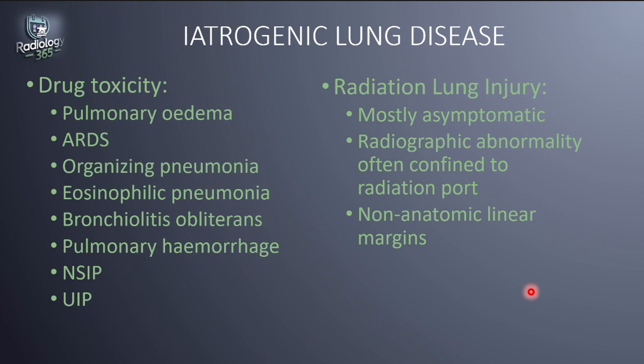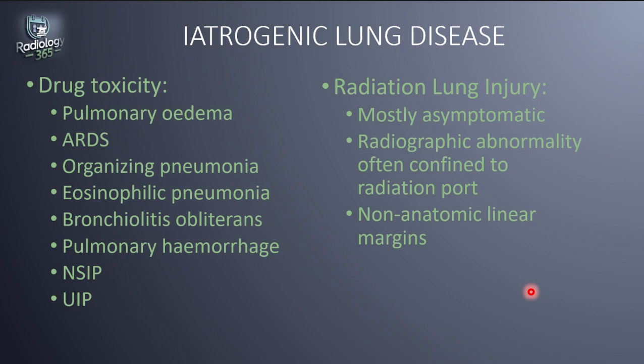Then we are moving on to iatrogenic lung disease, under which we'll talk about drug toxicity and radiation-induced lung injury. So for drug toxicity, we know that the lung has diverse but a finite repertoire of responses to injury. We have looked at a lot of these responses to injury over the past maybe 20 videos. Some of these include pulmonary edema due to increased capillary permeability.